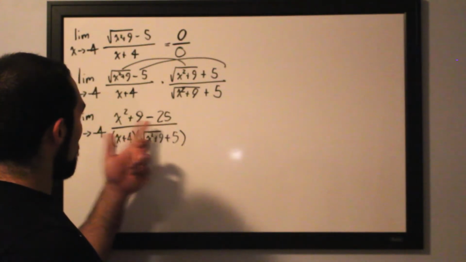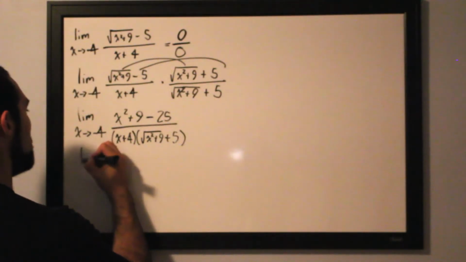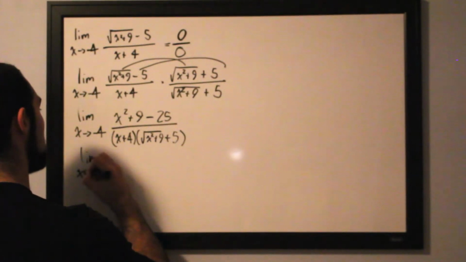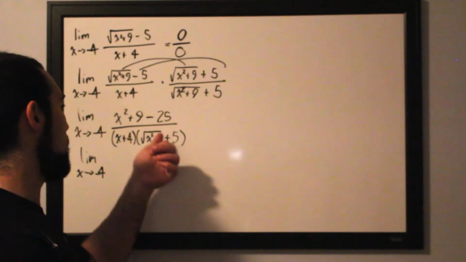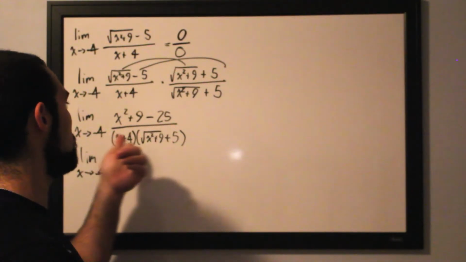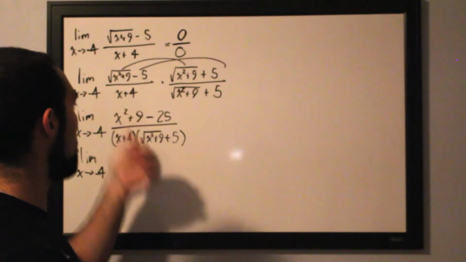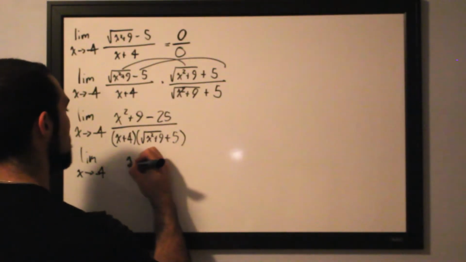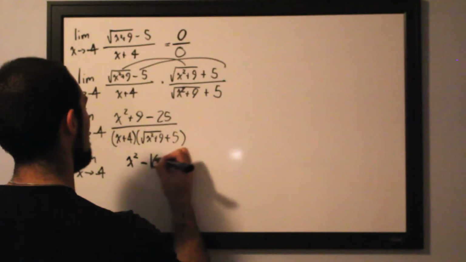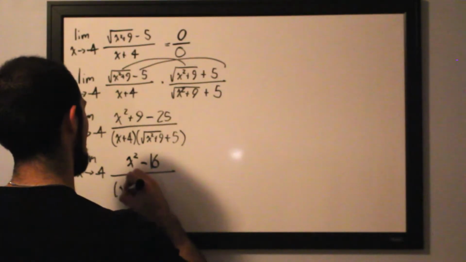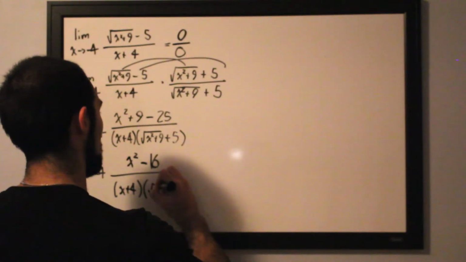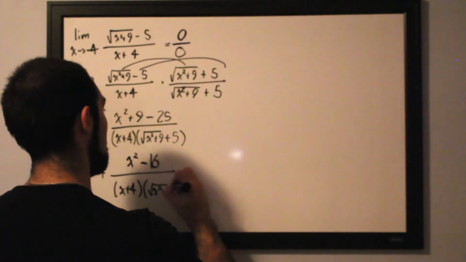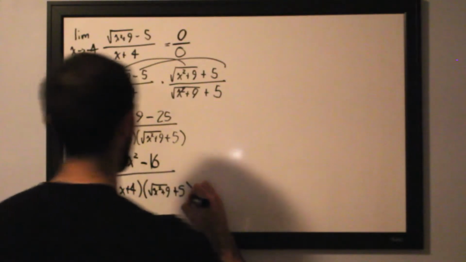All we're going to be left with over here is the limit as x approaches -4. If we were to take 9 and subtract 25 from it, it's going to come to x squared minus 16. So x squared minus 16 over x plus 4 multiplied by the square root of x squared plus 9 plus 5.